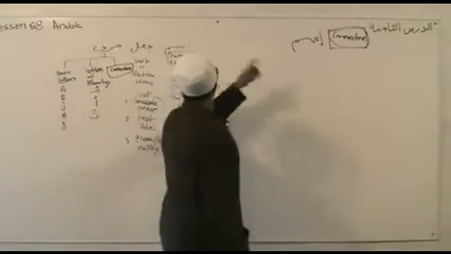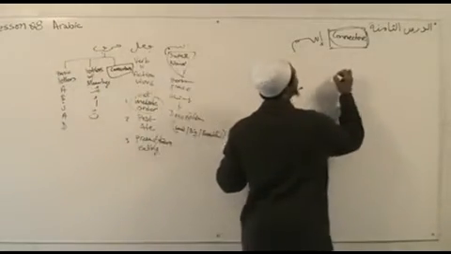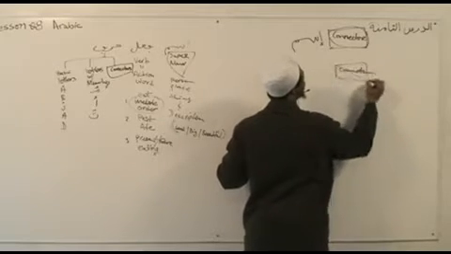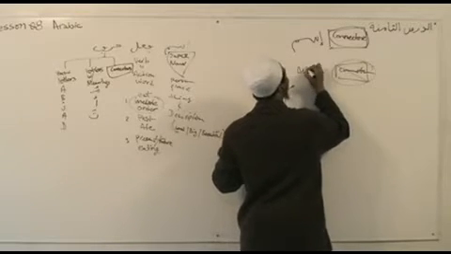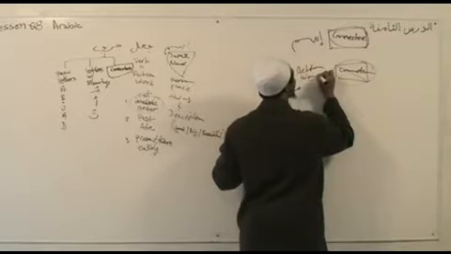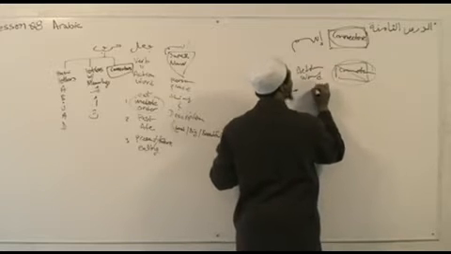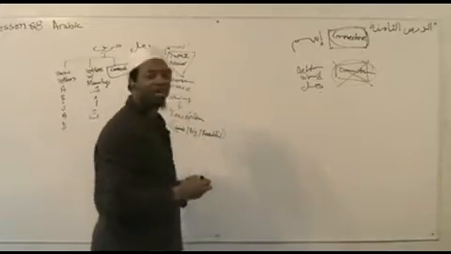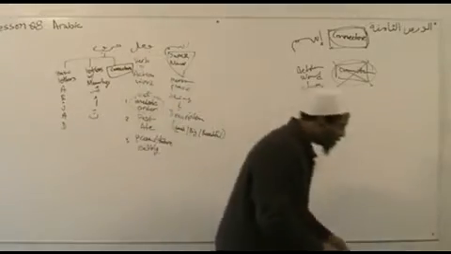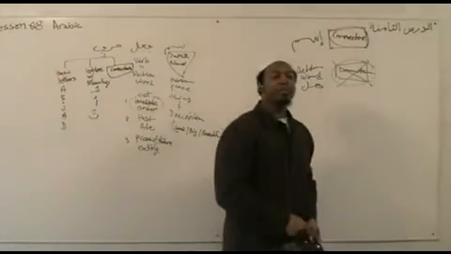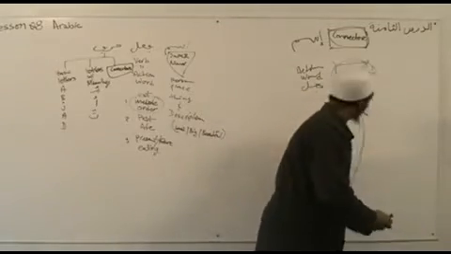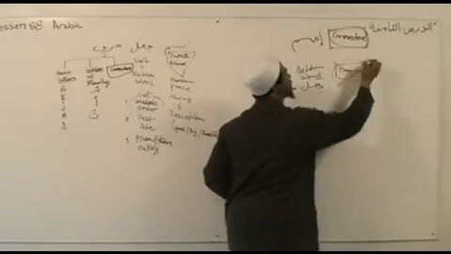A connector won't come before an action word. What's an action word called? Fi'lun. So you will never ever see a connector presenting itself before an action word. Do you understand that?